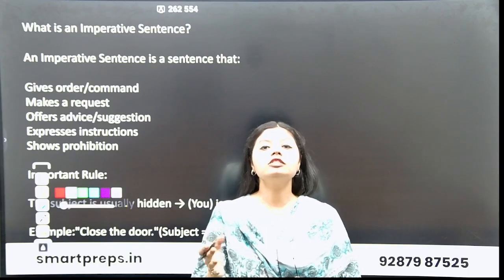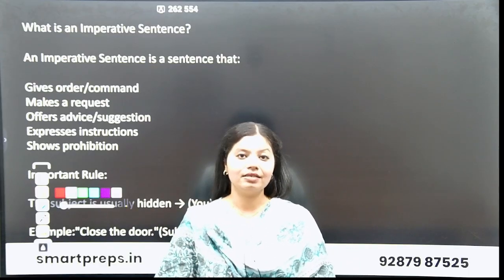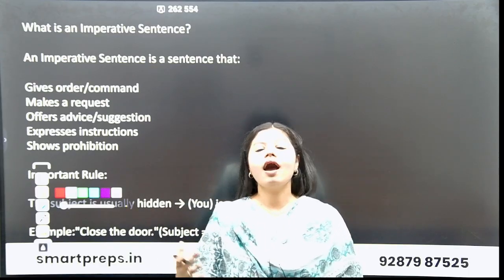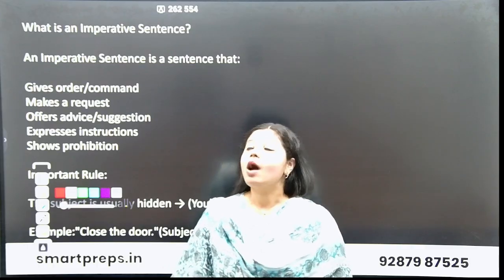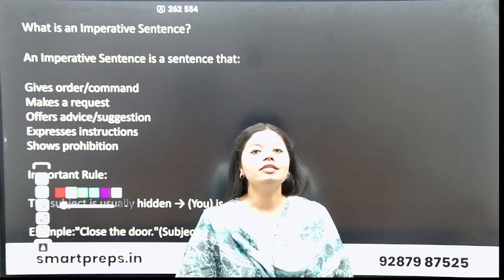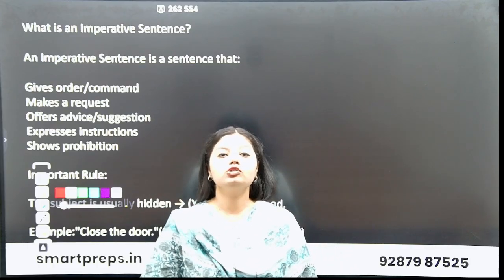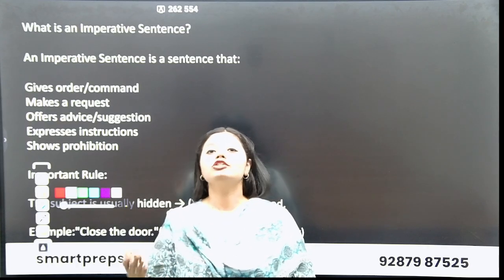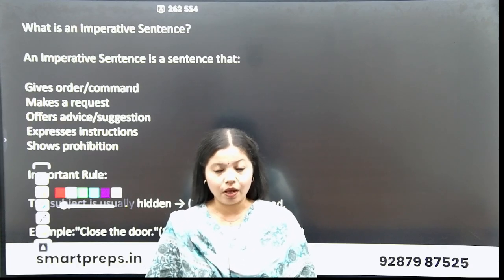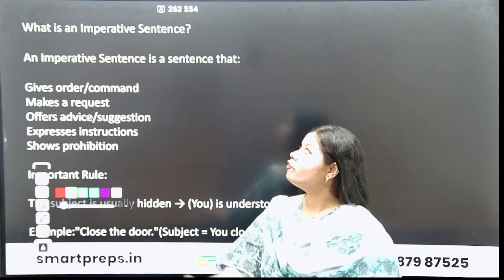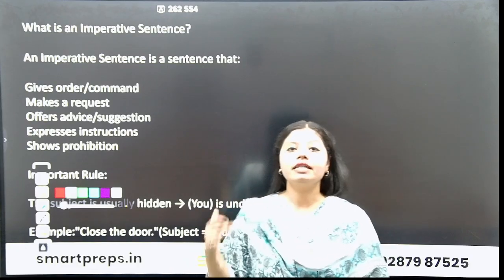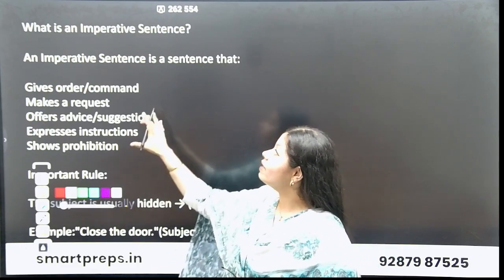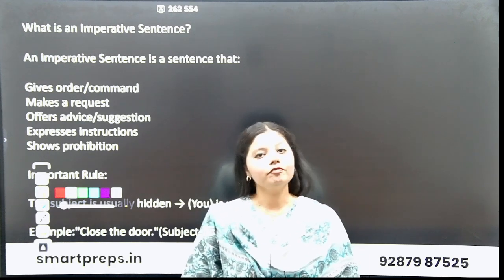But on the basis of purpose, there are various other sentences: declarative sentences, imperative sentences, negative sentences, interrogative sentences, negative interrogative sentences, etc. So one of them is the imperative sentence.